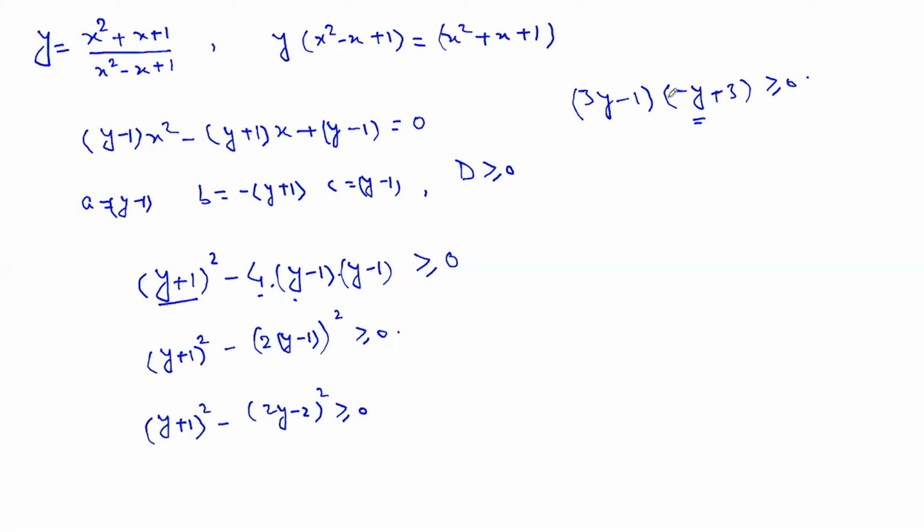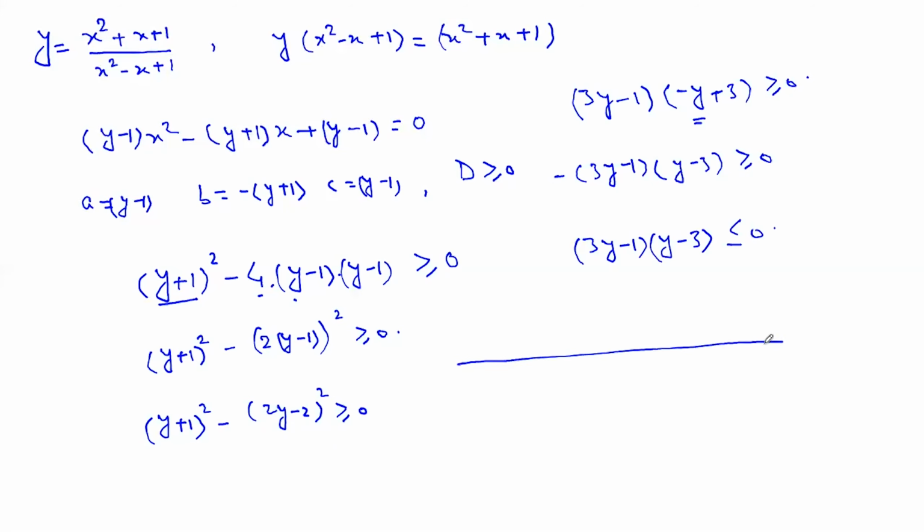Either we can take out this minus, or we can just draw the wavy curve for this only. If I'm taking minus sign from this, I'm getting minus of (3y minus 1) and (y minus 3) greater than equal to 0. Multiplying minus sign both sides, (3y minus 1) into (y minus 3) less than equal to 0, right?